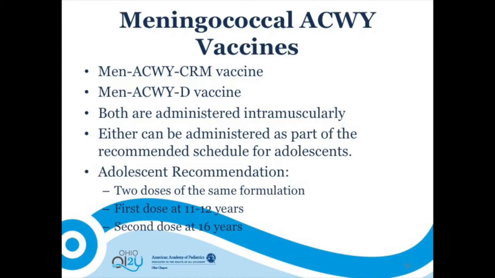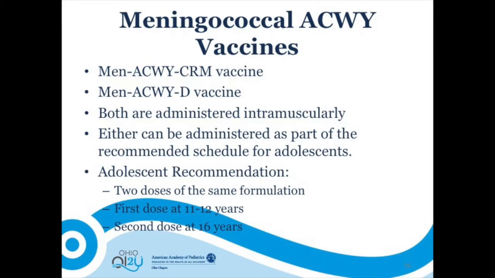There's also the MenACWY-D vaccine, where the D is the protein conjugate. Both are administered intramuscularly. Either can be administered as part of the recommended schedule for adolescents, and the adolescent recommendation is 2 doses of the same formulation, with the first dose administered at 11 to 12 years of age and the second dose at 16 years of age.